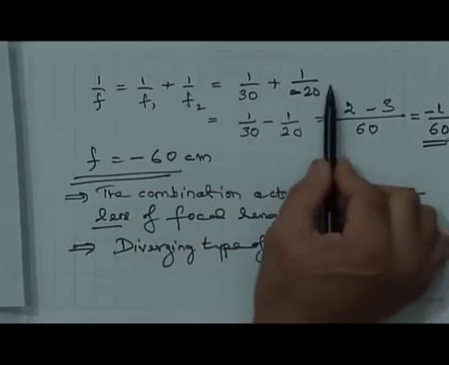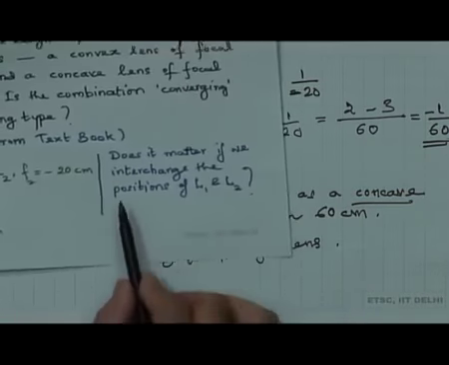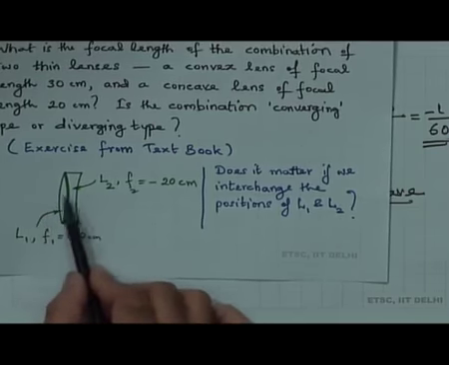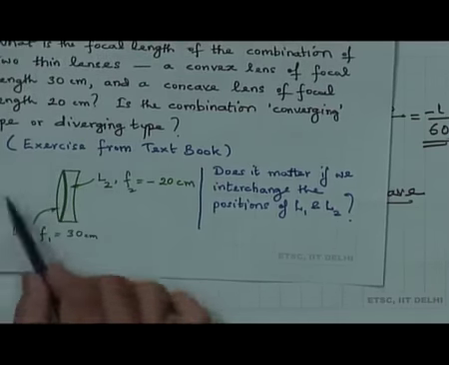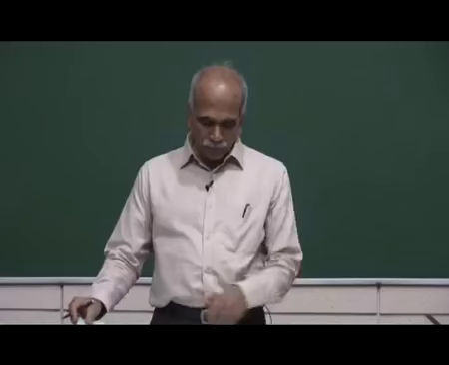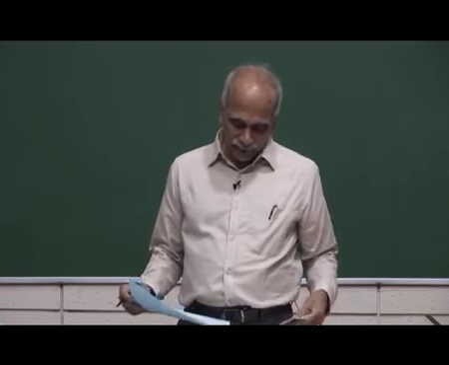Whether I place this 1 by 30 later or 1 by 20 this side, it does not matter. Therefore, it does not matter so long as the refractive indices are the same on both sides of the combination. Okay. It is a very simple example, and now let me take up a second example.